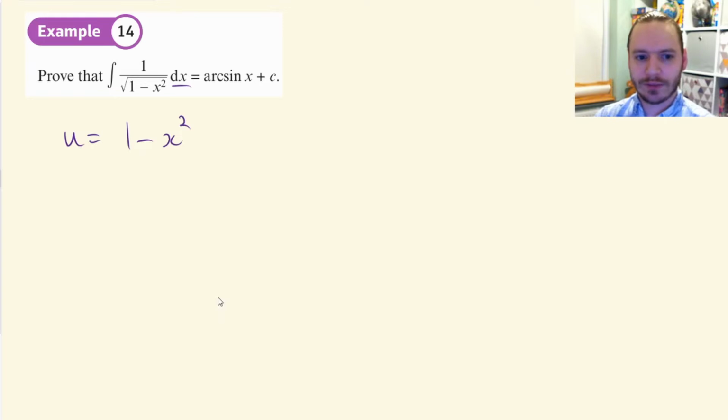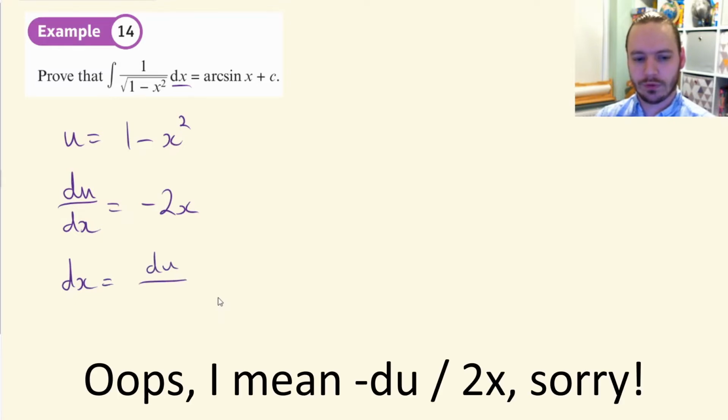So we know we're going to have to get rid of dx as well. So du by dx is going to be minus 2x, which means that dx is going to be du over minus 2x.